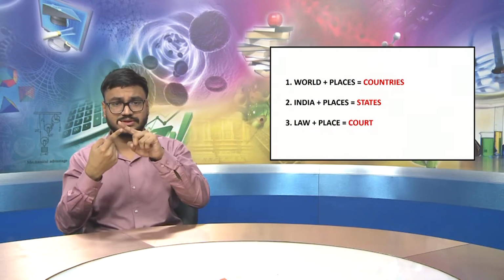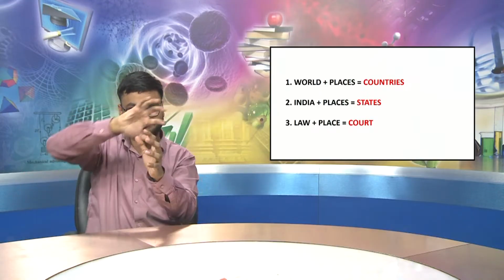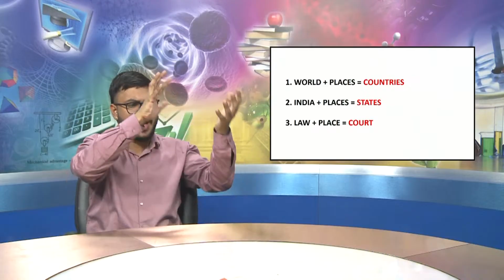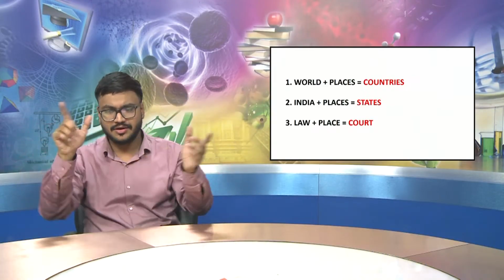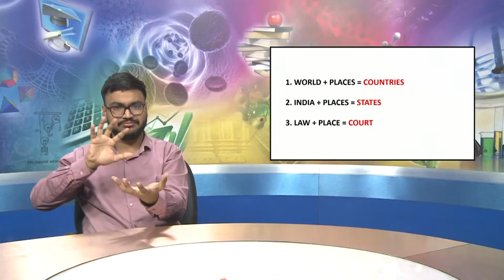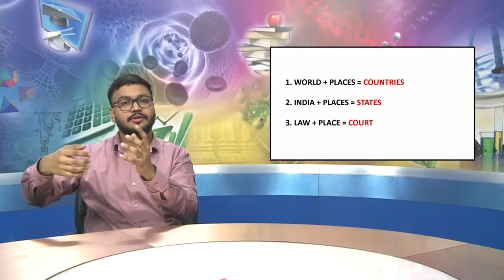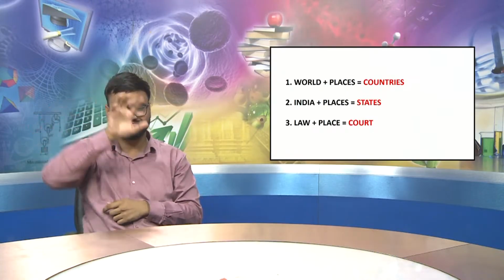For example, the word countries. In the sign of countries, it has 2 specific words which have their own meaning: the word and the places. So combining them, we can make the sign of countries.